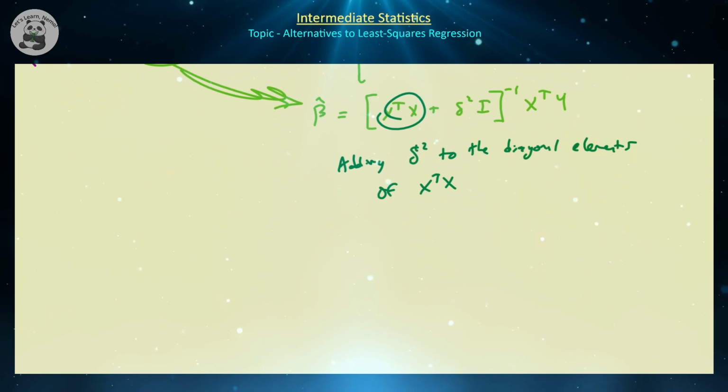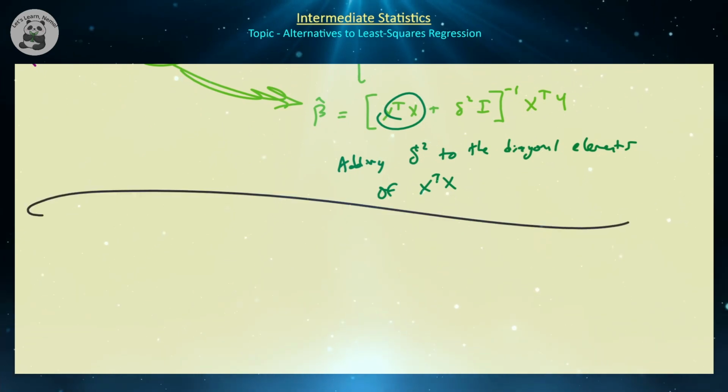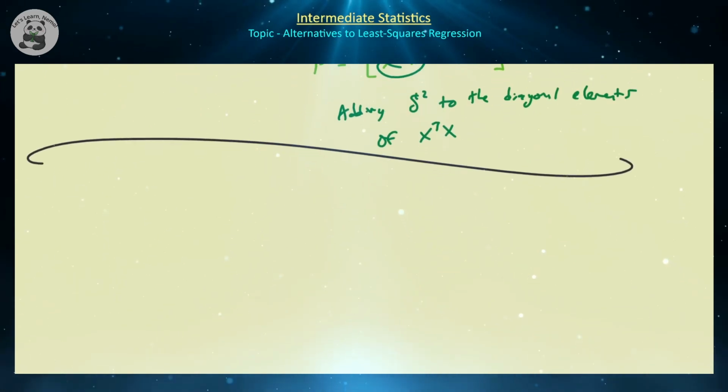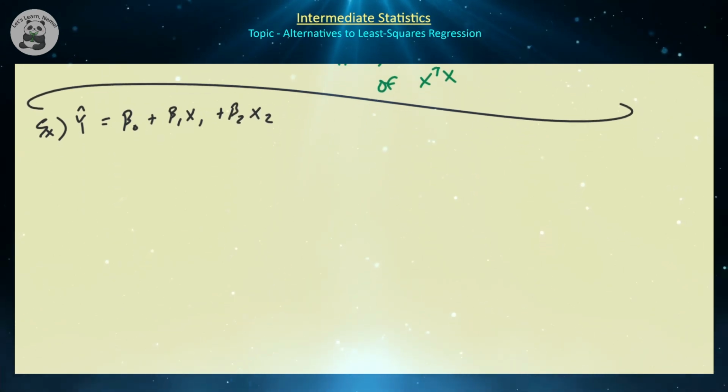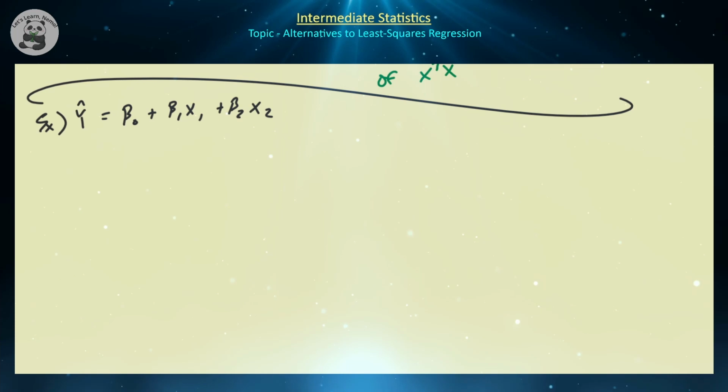So what I want to do to illustrate what's going on for this ridge approach for regression is to give you a basic model to get an idea of what's going on for various values of delta. So let's assume we're building a model with two predictors, x1 and x2. And you can perform a multiple linear regression model since we have two predictors here, no big deal.